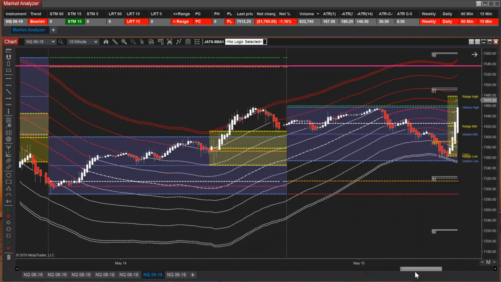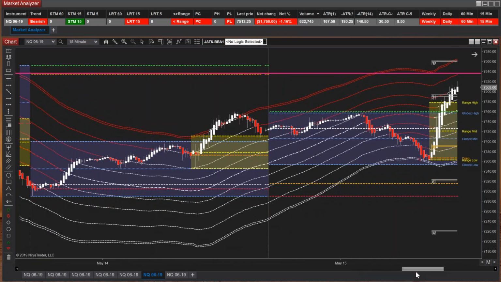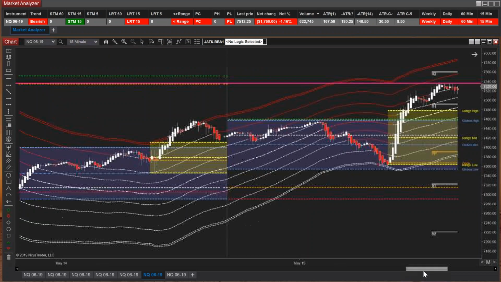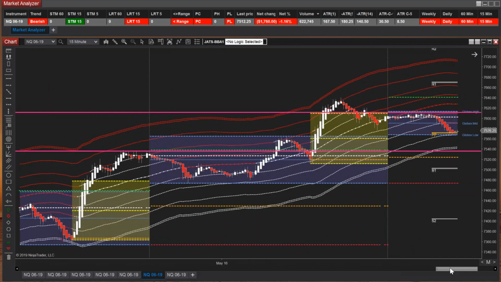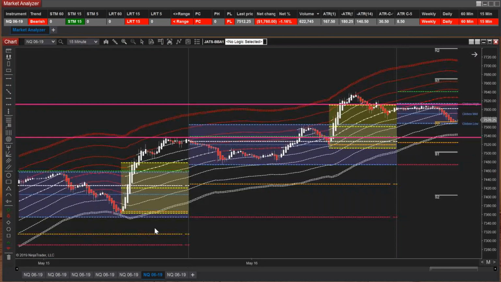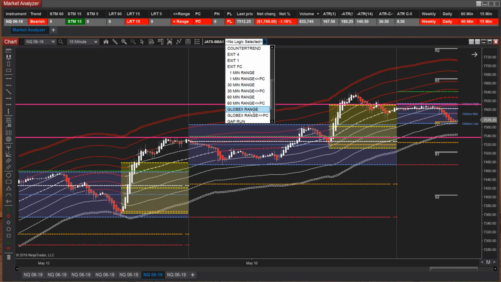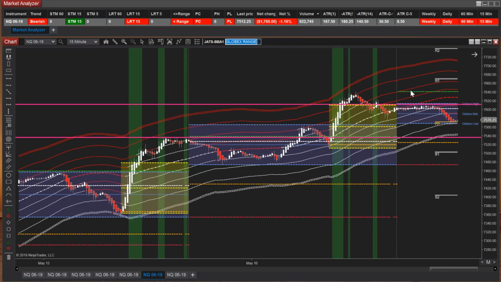If you're trading above it, you might want to be looking for longs, especially if you have other conditions in place. So that's all very well and good. So I've given you now the ability to trade when price breaks out of these levels. So if you want to trade a Globex breakout, I've got you a template for that.